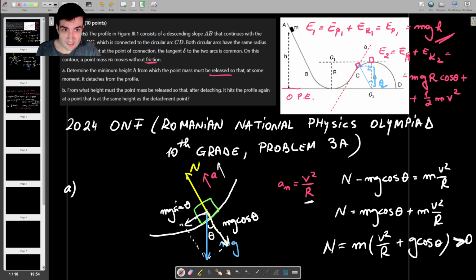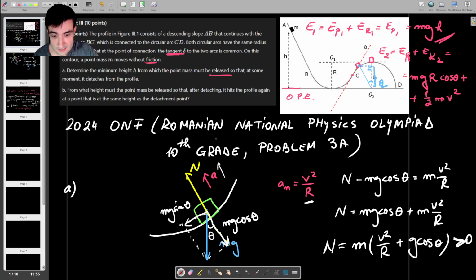The answer was given to us, disguised as this mention of the tangent. So this point C here is the point that joins the convex part of the path and the concave part of the path, and that's where the object is entering this concave section where it runs the risk to detach from the surface.